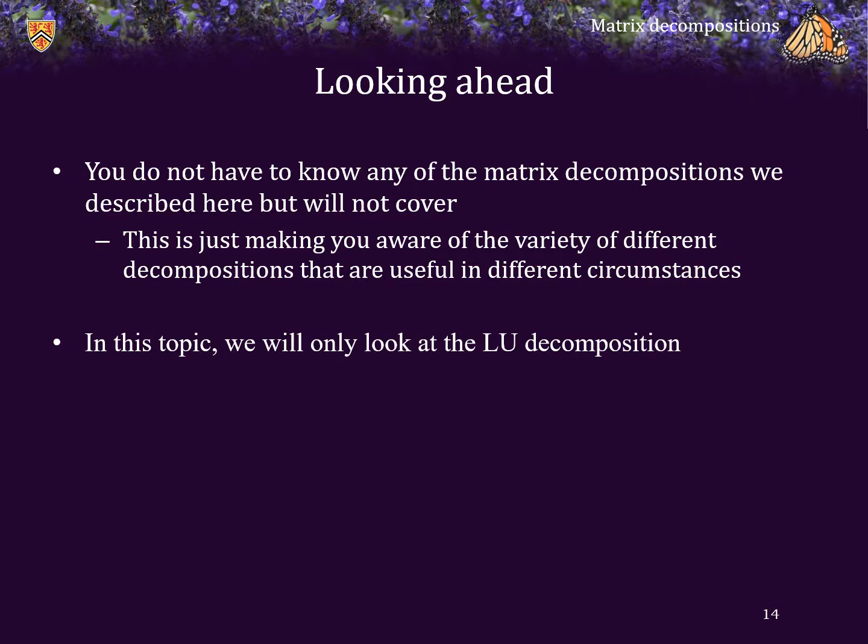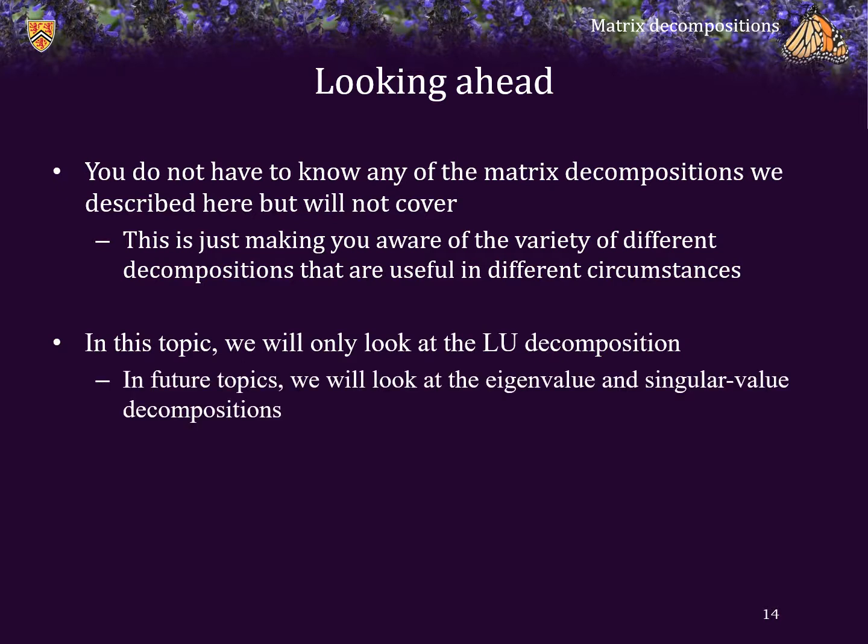Now, in this chapter, we're actually only going to be looking at one decomposition, specifically the LU or PLU decomposition. It's only going to be in future topics that we will be looking at the eigenvalue and the singular value decompositions.